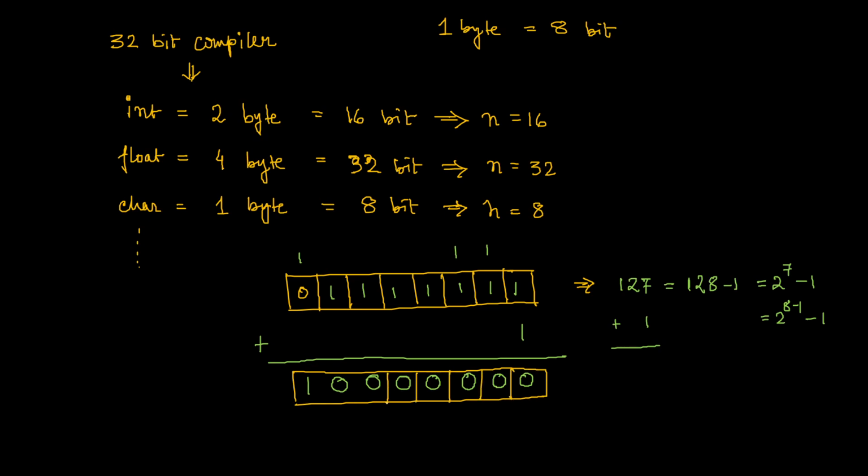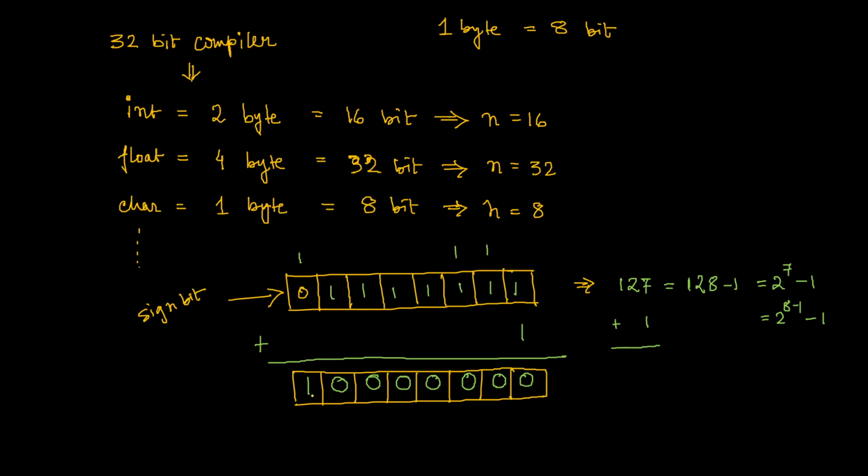Now just concentrate on this point: since we are considering this particular bit as a sign bit, so this sign bit is equal to 1, it means the computer will realize that this is a negative number.